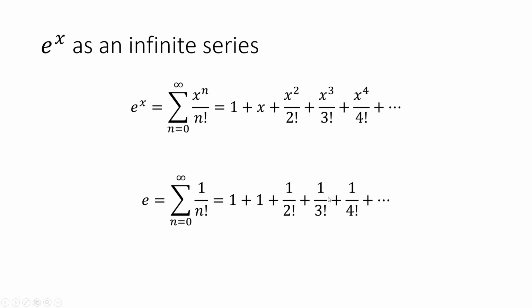And in particular, if I let x equal 1, then I get the series 1 over n factorial, which converges to the value of e. So here's just one way I can represent the number e, in this case as an infinite series. So we know the series 1 over n factorial will converge to e.